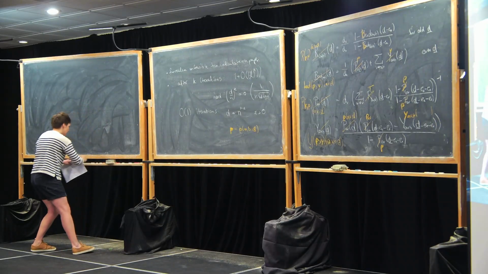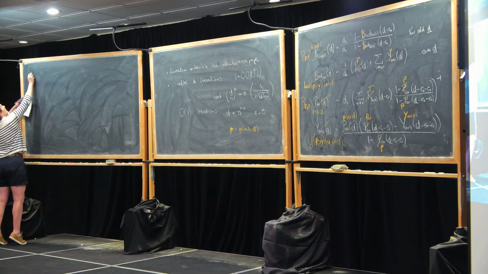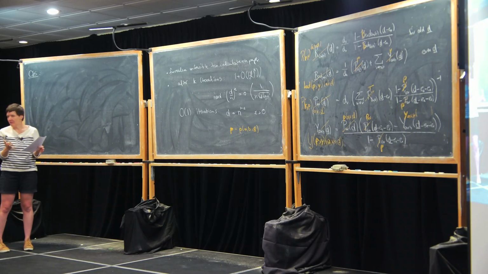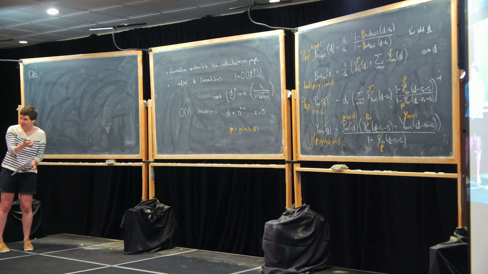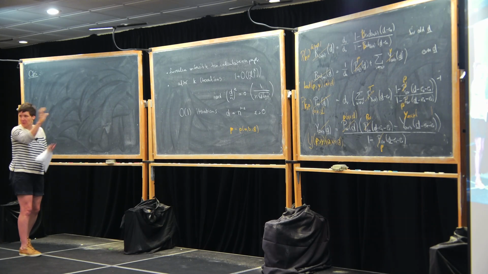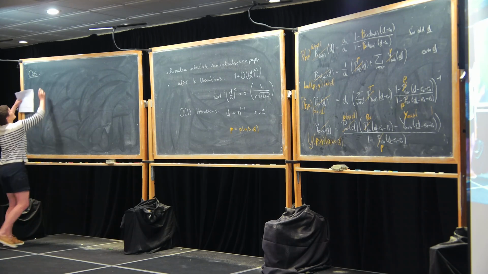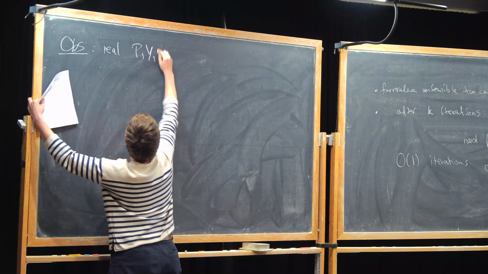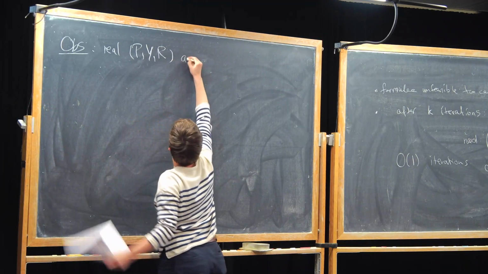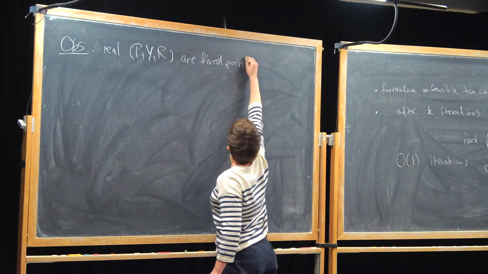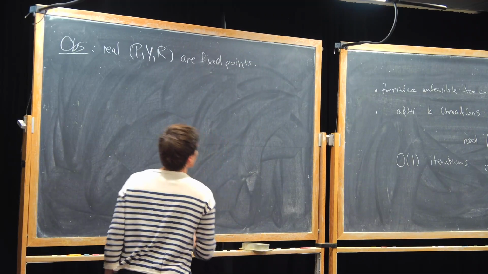So they say, observation: if I plug in the real probability and the real ratio from G(n,m), then those are fixed points of these operators. So the real P, Y, and R are fixed points in the following sense.